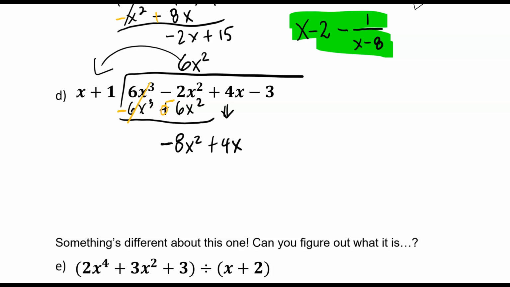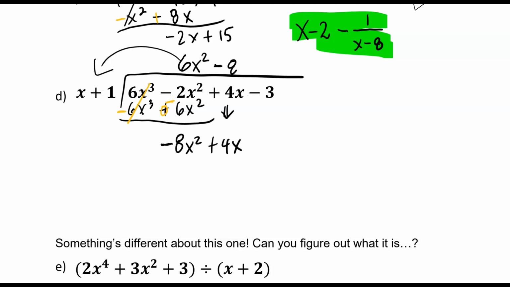x times what is negative 8x squared? It is negative 8x. So we put our negative 8x there, and then we're going to multiply negative 8x times x plus 1, which is negative 8x squared minus 8x. Then we're going to change the signs, plus, plus.